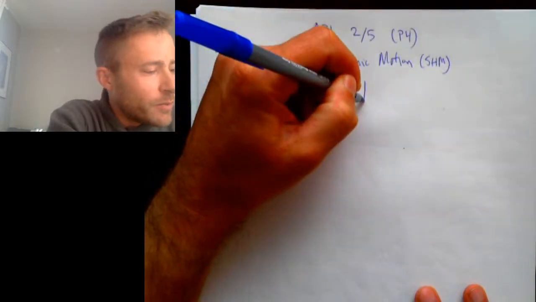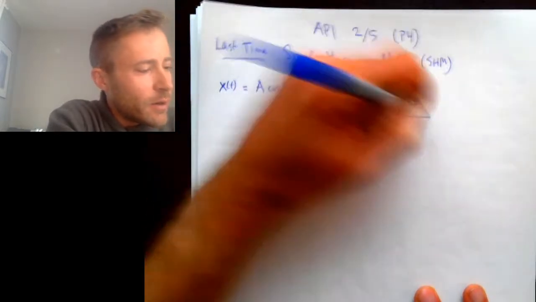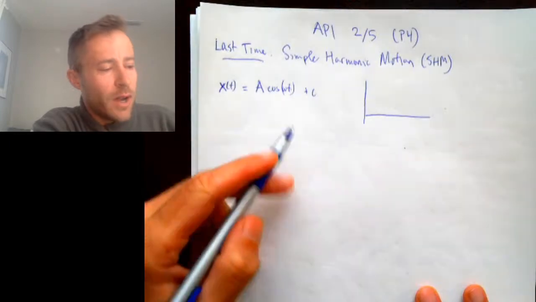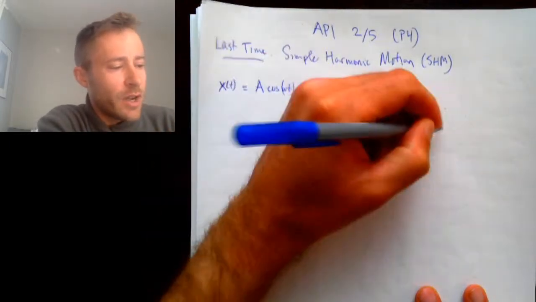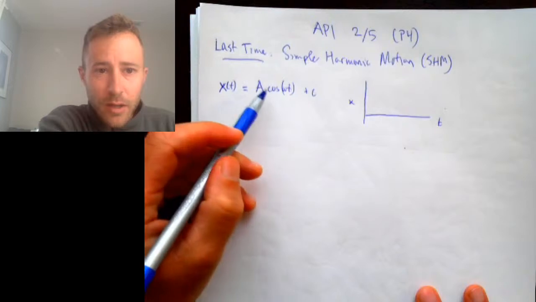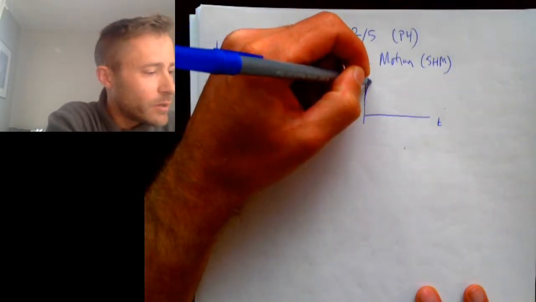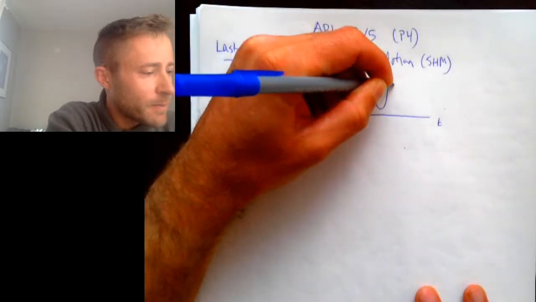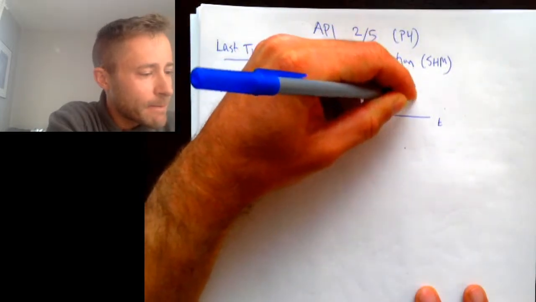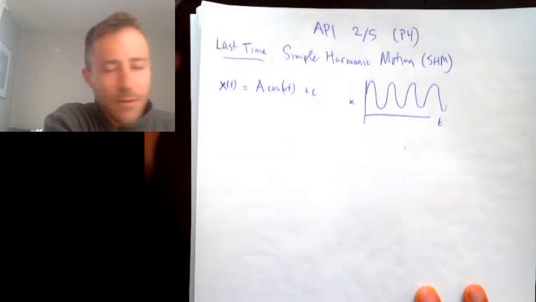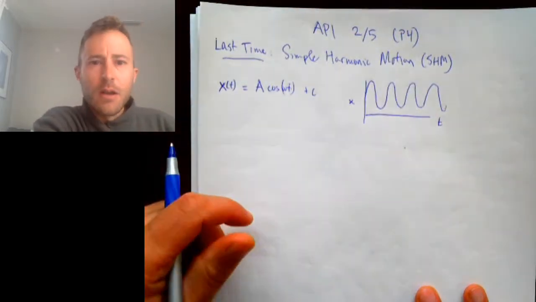And so if you have a position time graph, it looks like a sine or a cosine. So it's going to be something like this. Like that.